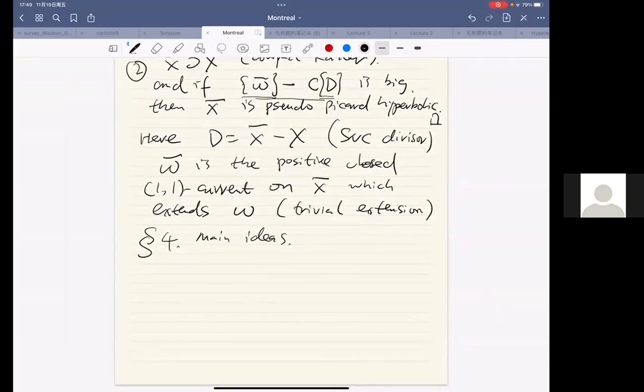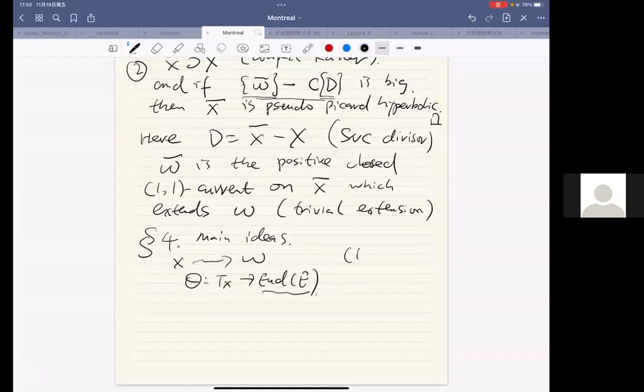So first, let me prove that X is equipped with a pseudo-Kähler metric. How to define this? Recall that theta is something on the endomorphism of E, and recall that we have a nilpotent harmonic bundle here. The endomorphism bundle of E is also equipped with the harmonic metric, because any metric on E will induce the natural metric on the endomorphism bundle.